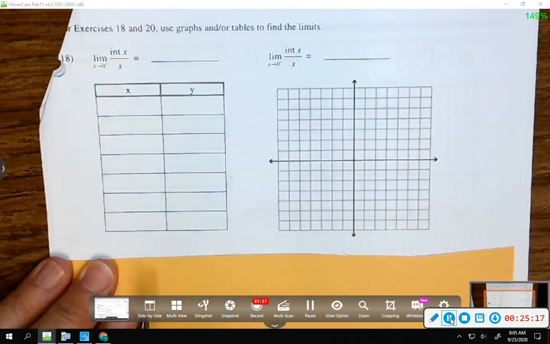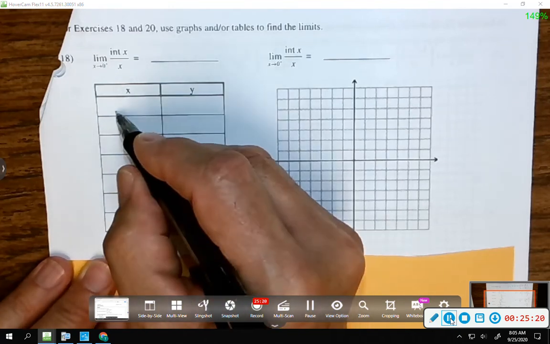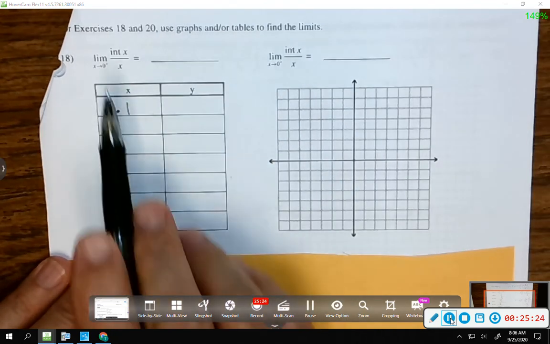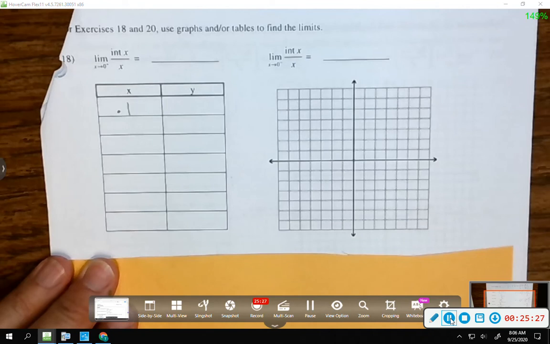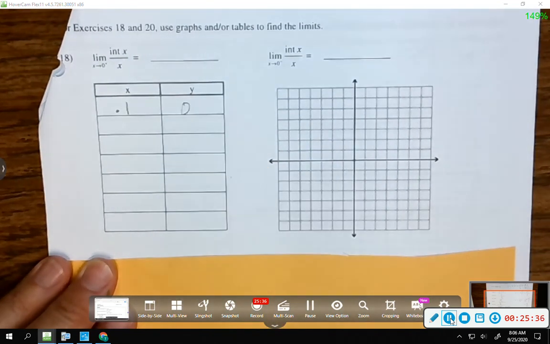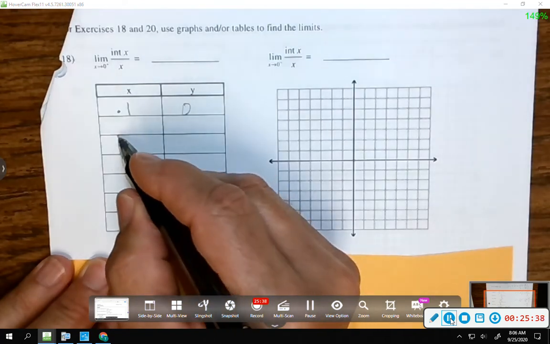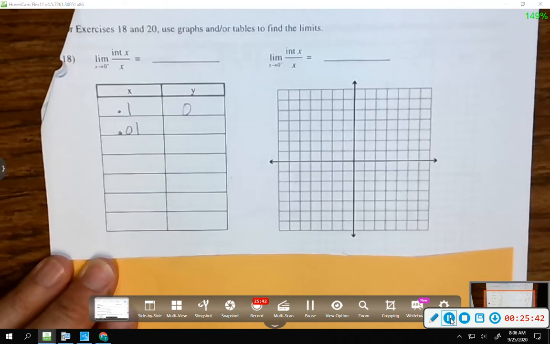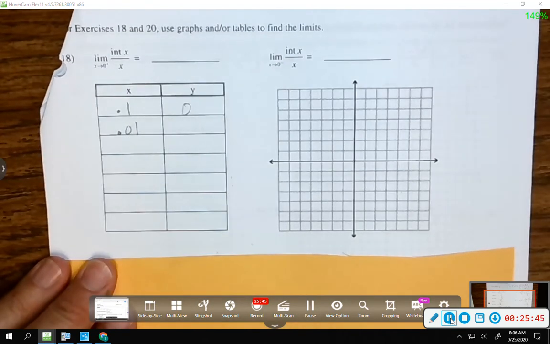A number that's really close to 0 but to the right of 0: 0.1. The integer value of 0.1, remember, is the closest integer that's less than or equal to 0.1. That's 0. 0 divided by 0.1 is 0. If I pick a number like 0.01, the integer value of 0.01 is 0, and 0 divided by 0.01 is 0.